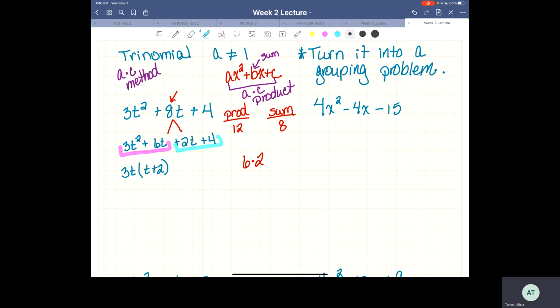A 2 comes out of both of those, and I'm left with t plus 2. So my final answer here is 3t plus 2 times t plus 2. If you wrote that in a different order, you're fine. If you did t plus 2 times 3t plus 2, that is absolutely correct.